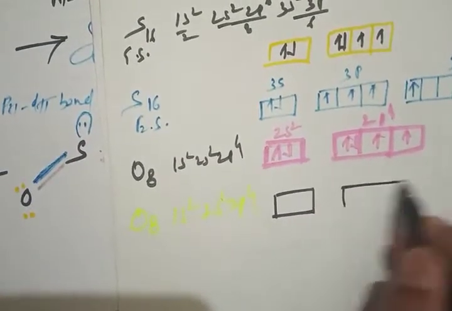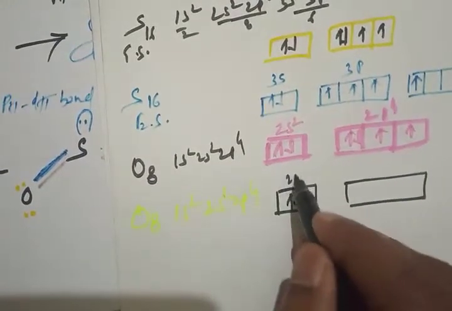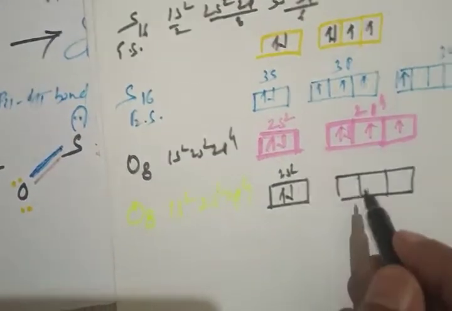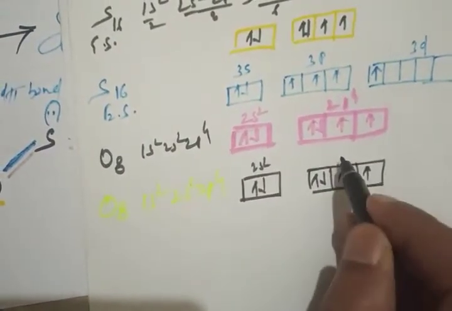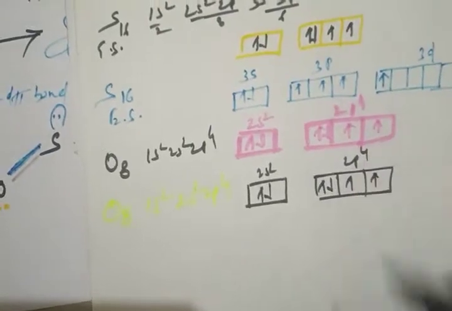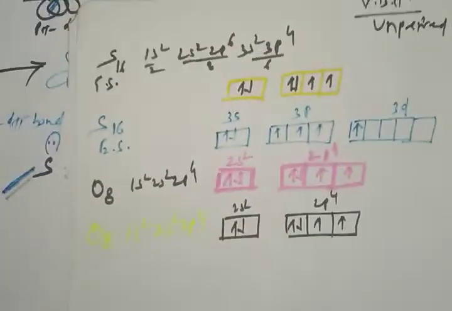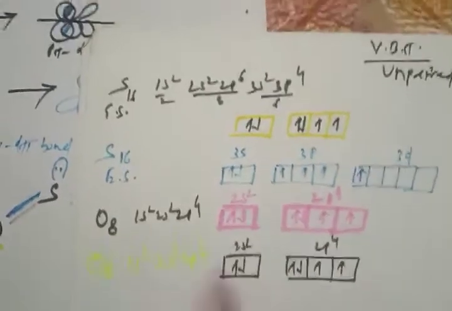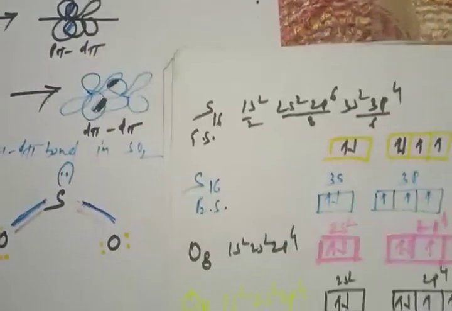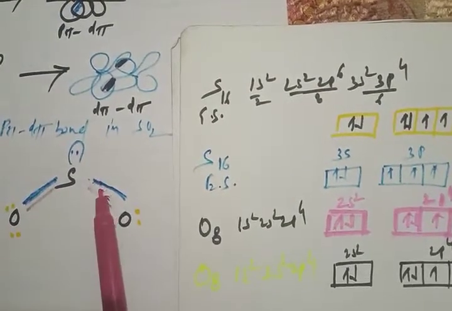So we have 2s2 and 2p4. So how does the bonding occur? The question. See, as per the structure, we have one sigma bond here and one sigma bond here.